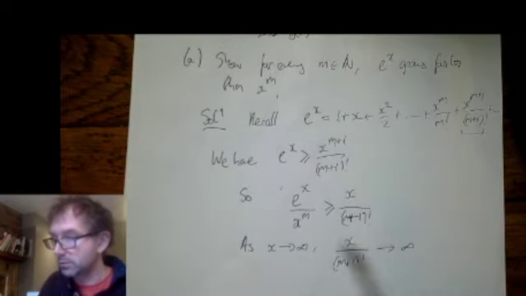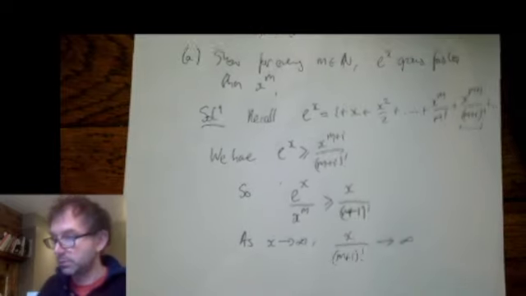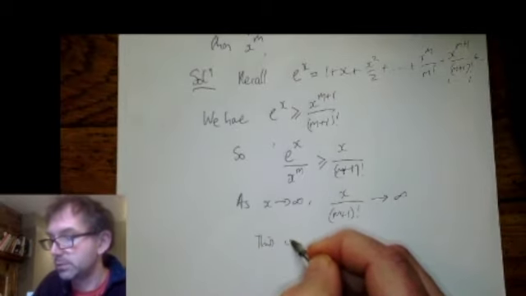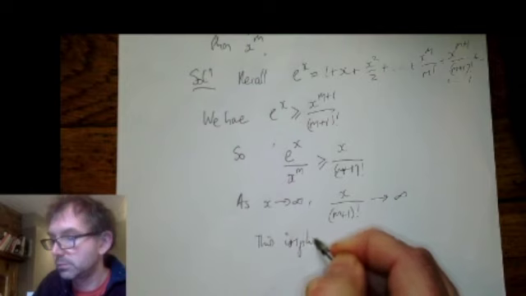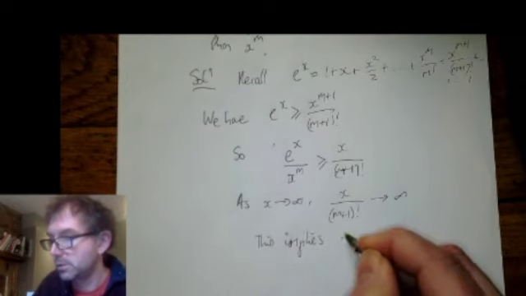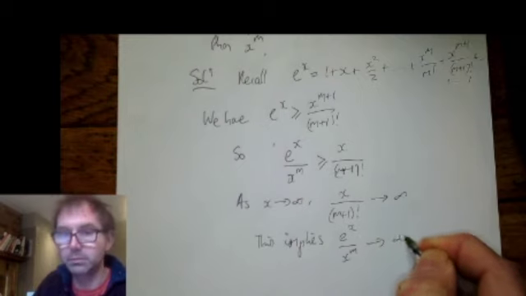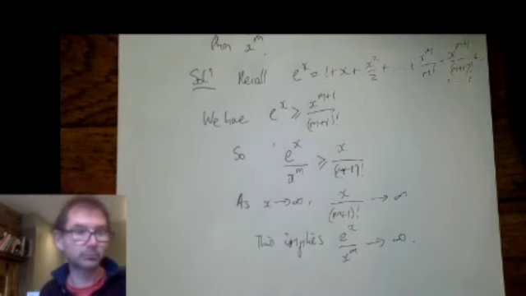So if this goes to infinity, this one must do too. So this implies e to the x over x to the m goes to infinity. Right, so that's question A.